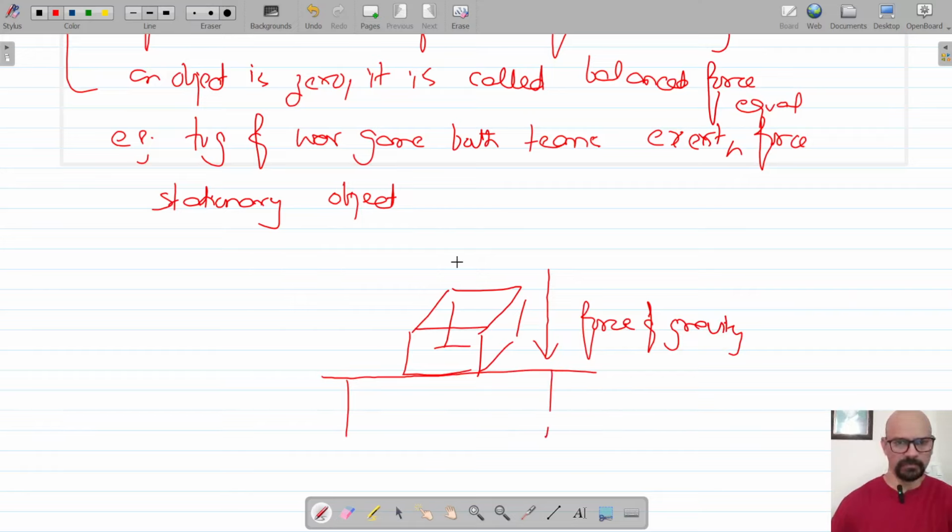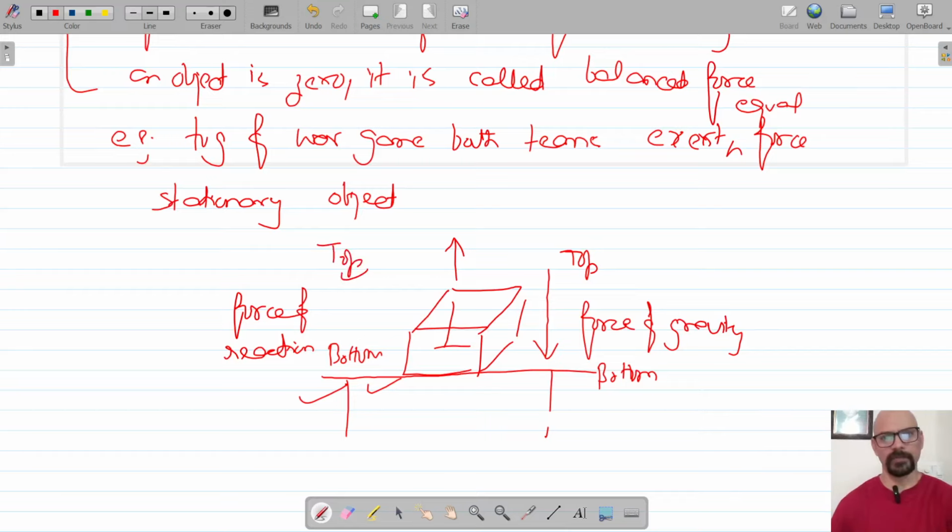Now in turn the table exerts an equal and opposite force. This force of gravity is from the top to bottom, and this may be a table or maybe the ground, and this is the force of reaction the ground or the table exerts from bottom to top, and both the forces balance each other.